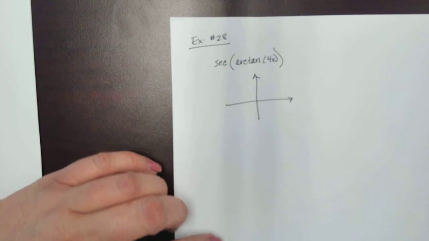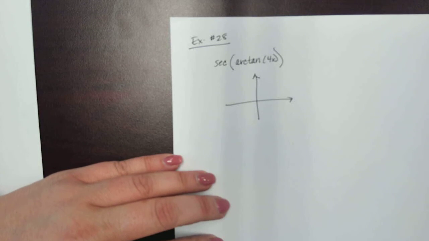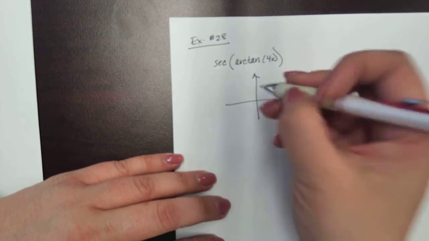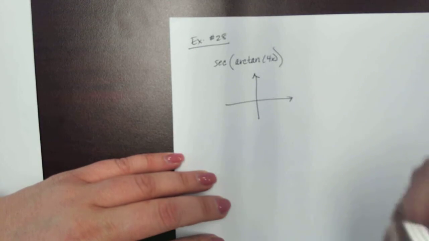First of all, which quadrant? I can assume that 4x is positive, so it's going to be in quadrant 1. If there are variables and I'm drawing a triangle, put it in quadrant 1.